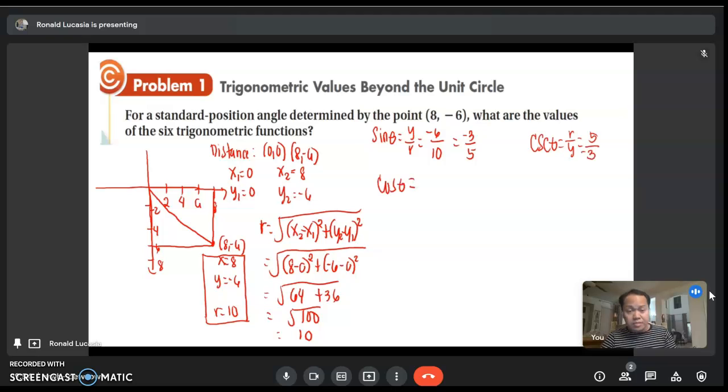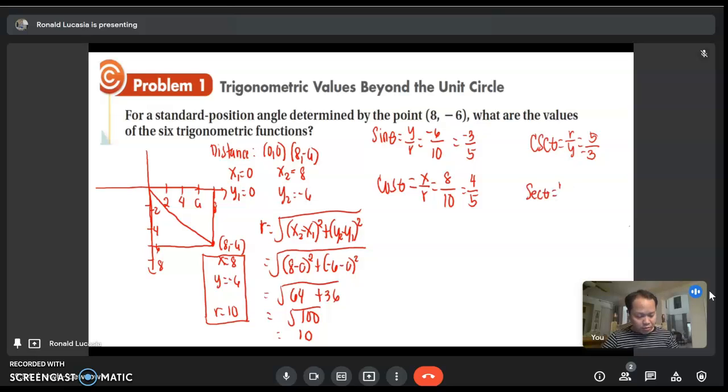Next is cosine theta, which is x over r. The x value there is 8, and the r value is 10. In lowest terms, this is going to be 4 over 5. And then you can immediately solve for the secant theta, since that is the inverse of cosine theta.